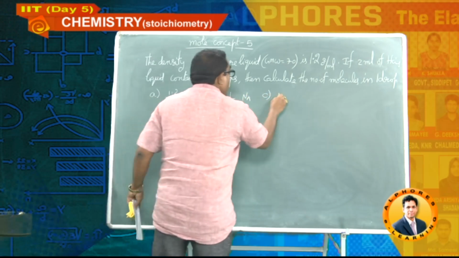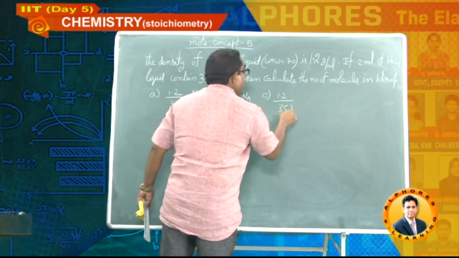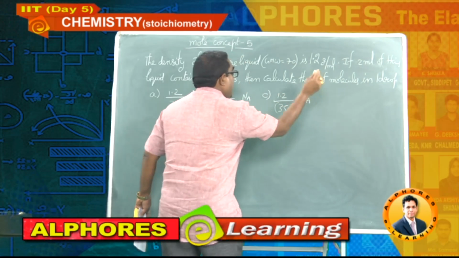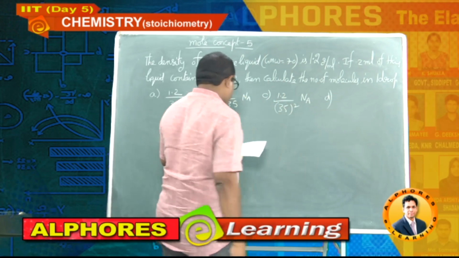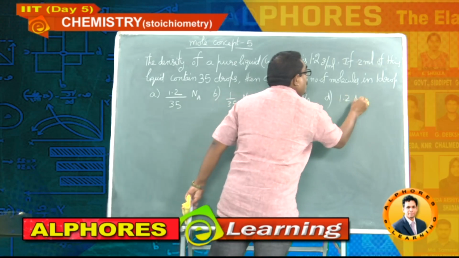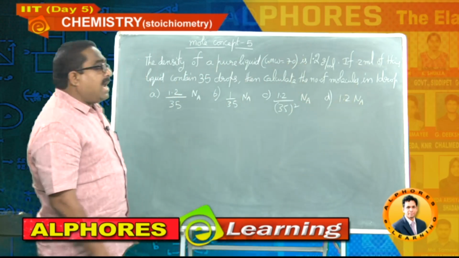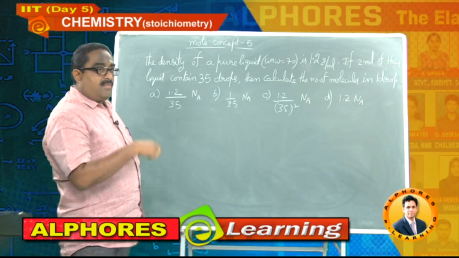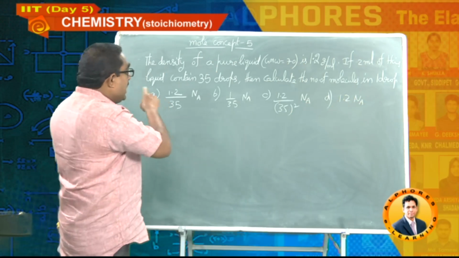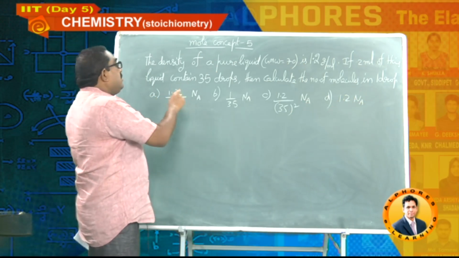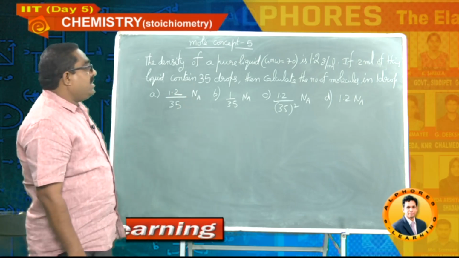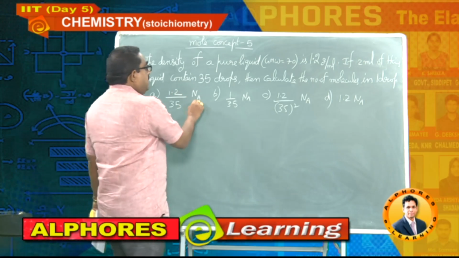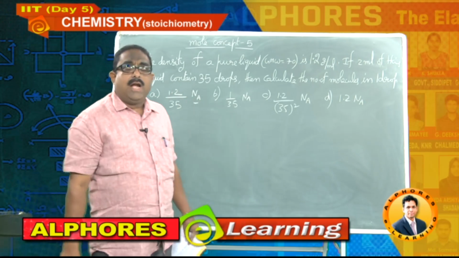C: 1.2 by 35 whole square into Na. D: 1.2 Na. These are the options I have given this time. I will explain why I have given them. I think you have already noted down, right? This Na is nothing but the Avogadro number.